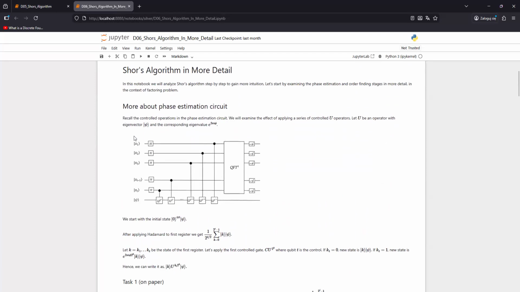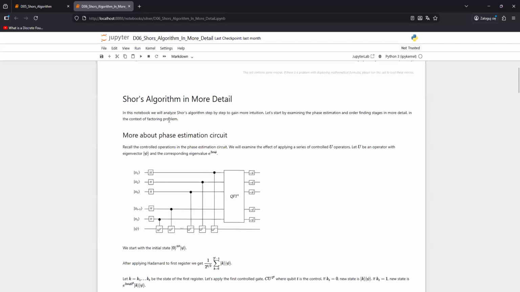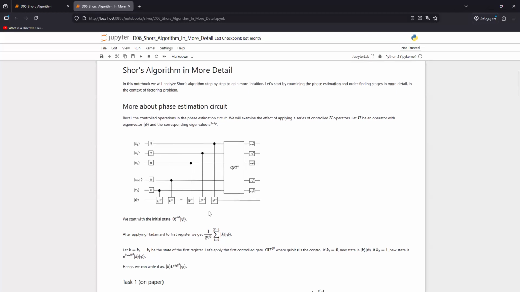Okay, so now let's move on. Here I believe there are some pretty nice notes in this Jupyter notebook. The last one shows the algorithm in more detail. So here we have our circuits for calculating QPE.